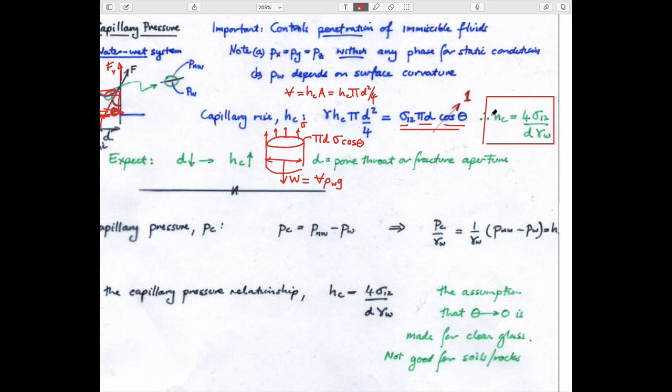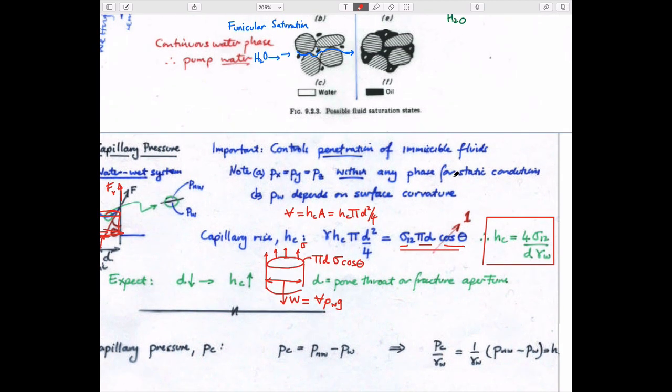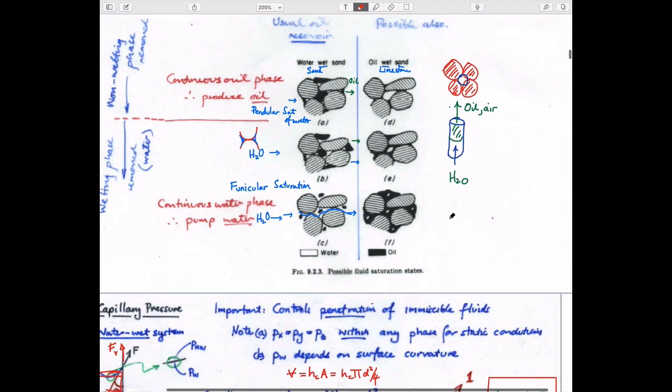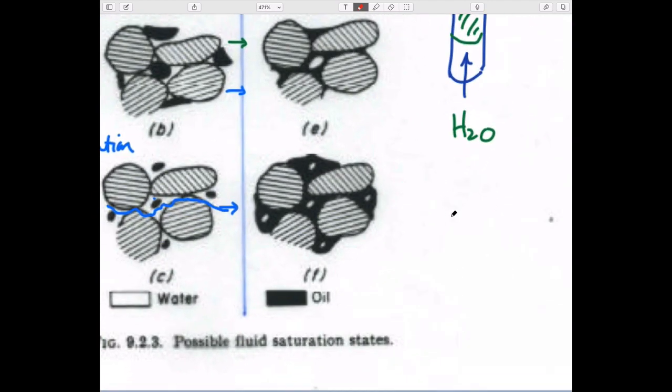Take a tube this size, put it in water, you can't measure the height rise. Take a capillary tube, like a hypodermic needle, then it'll go up centimeters perhaps. And so this says something about the height rise. So this is useful to us because it says something about what we're interested in.